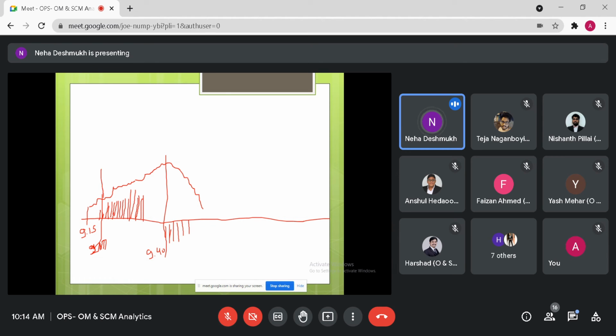Then what is this? The time bracket. If my entry is here and my exit is here, definitely this will be my profit.